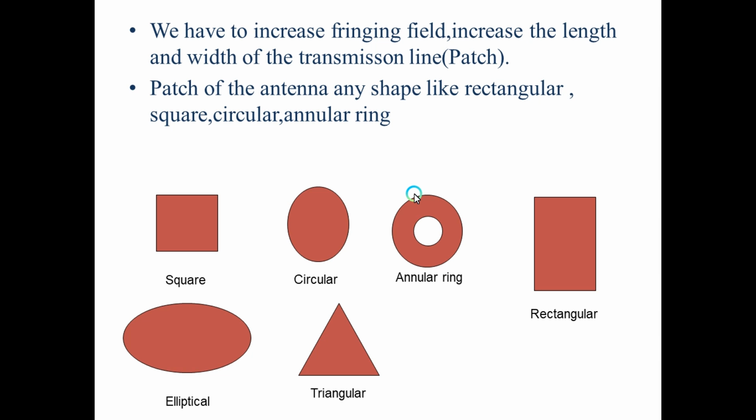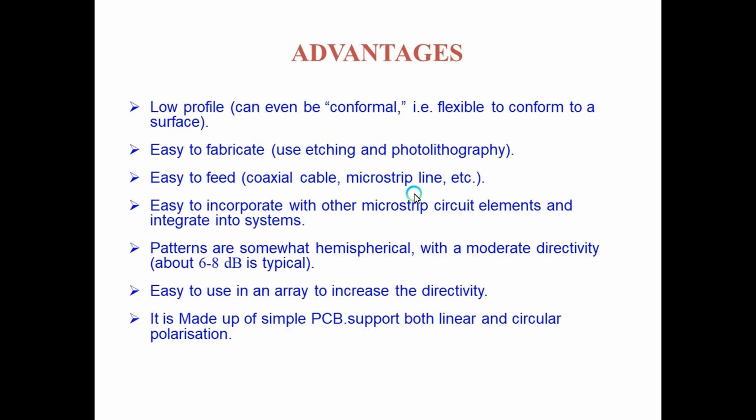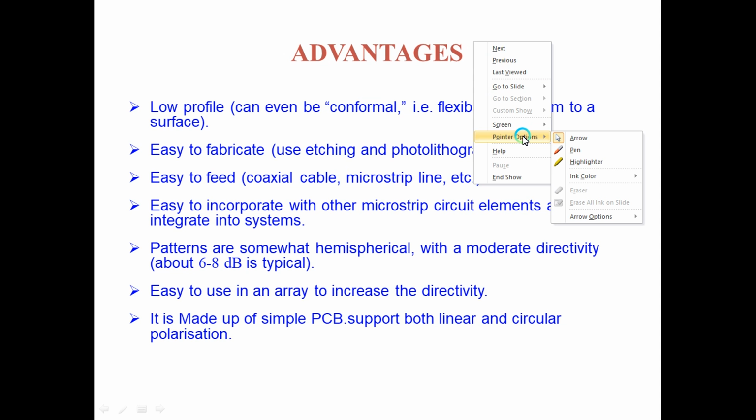Mostly we use rectangular and square shapes only. Then the advantages of the microstrip patch antenna. Why is the microstrip antenna most popular? Because it has a low profile and can be conformal. Conformal means flexible.